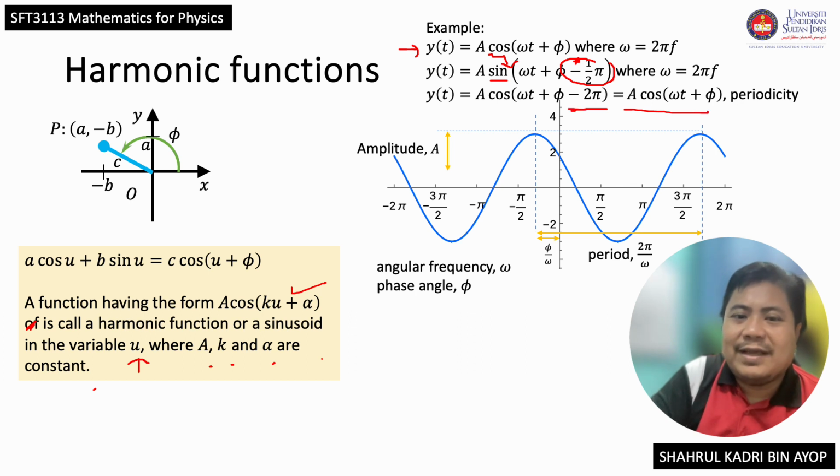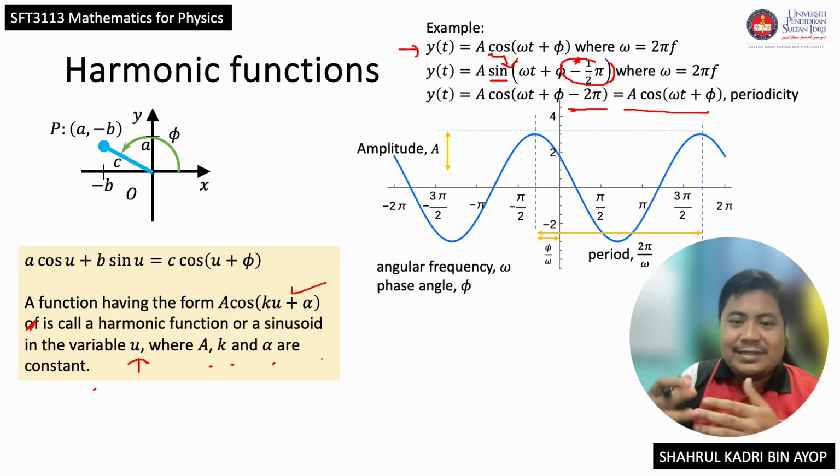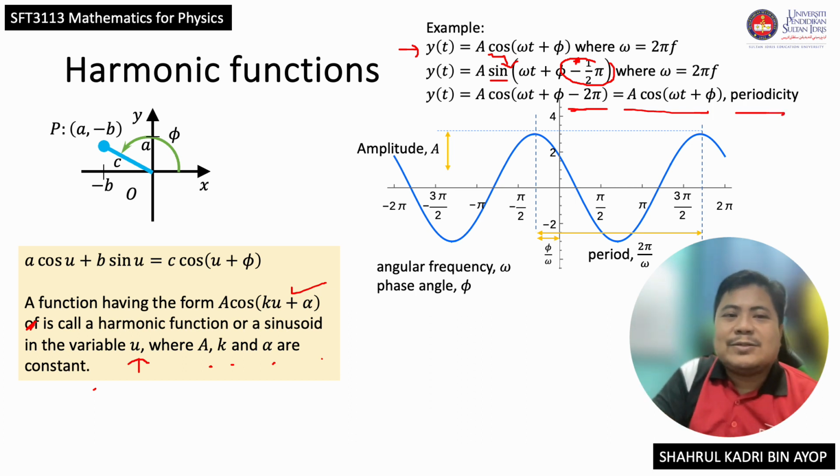Because it will see itself, this is what we call periodicity. So the harmonic function has this property where it can change from cos to sine by the addition of half pi, and it is also periodic in a 2 pi phase shift.